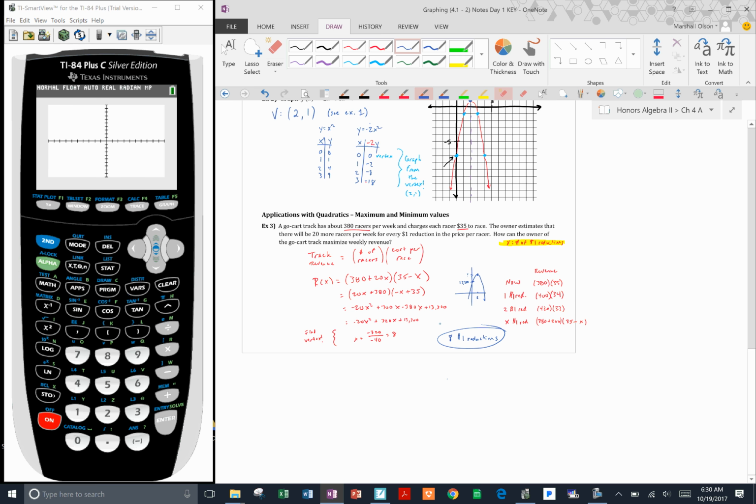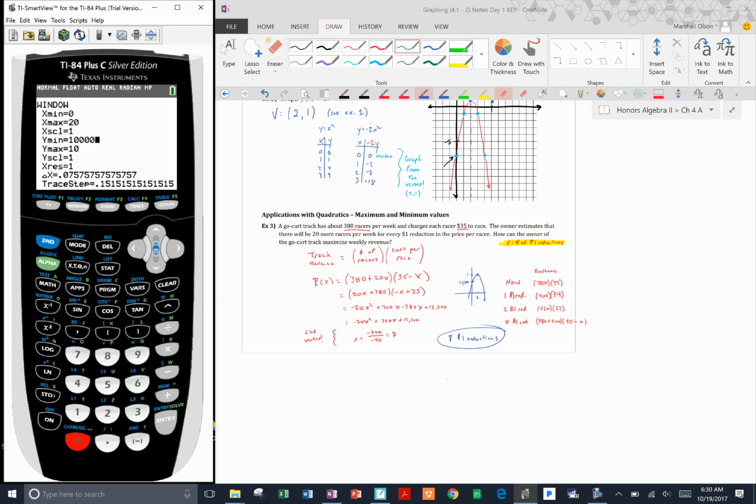This might be working now. Let's try this. Hey, it is. Okay, since I know my vertex happens at 8, I'm going to go out to about 20. And my Y minimum, I'm going to leave at, well, I don't know, how about 10,000? I'm not going to see the whole graph.